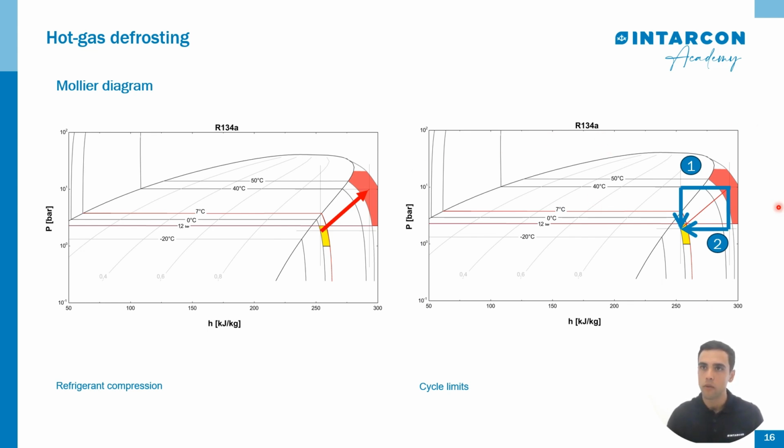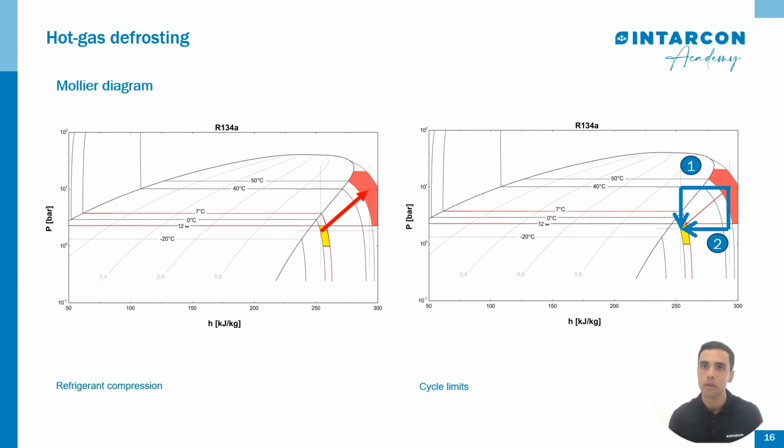Routes from the discharge point to the intake. From the discharge point, there are two possible routes we can take to continue the process. Path 1, isobaric cooling and then isenthalpic expansion. The hot gas follows a line at constant pressure, then expands isenthalpically, reducing its temperature and pressure until it reaches the evaporating temperature.